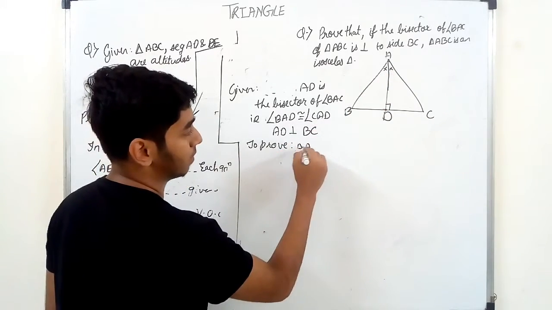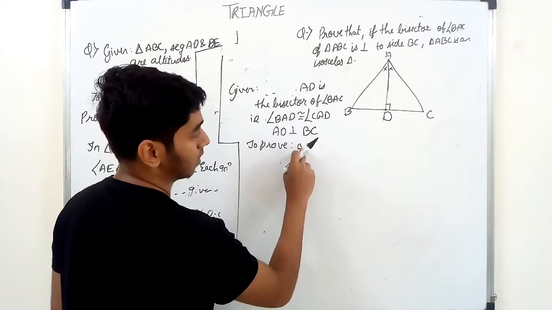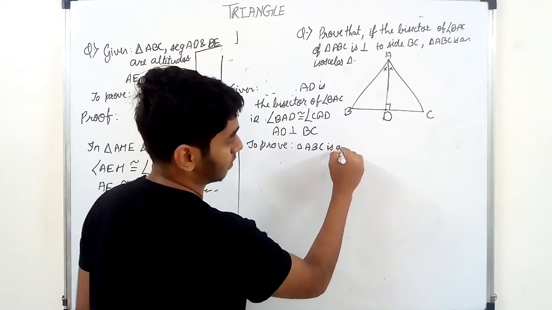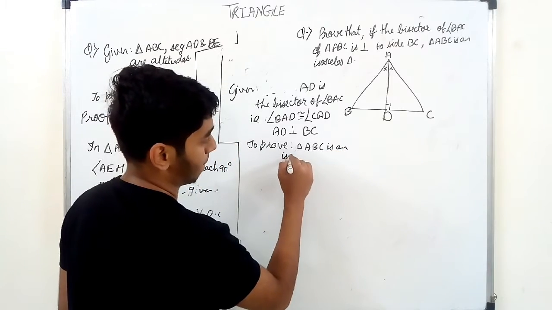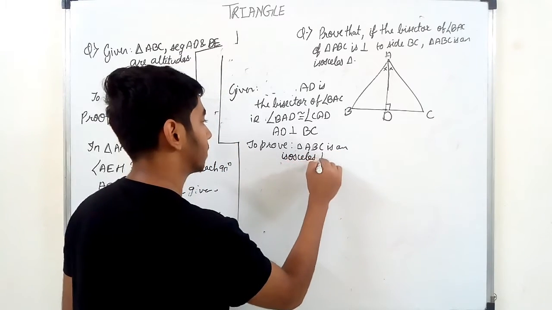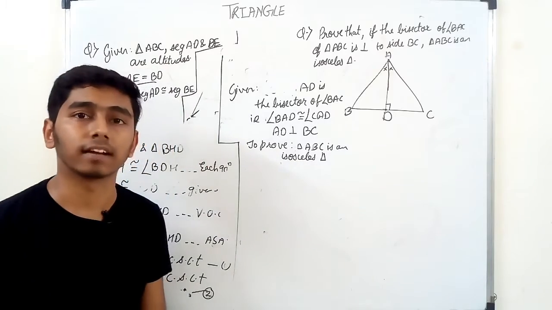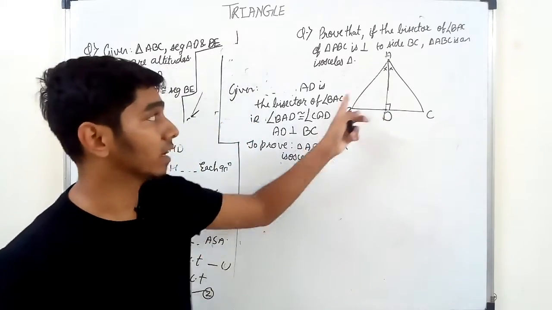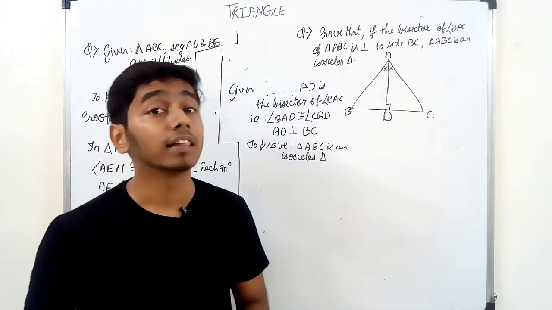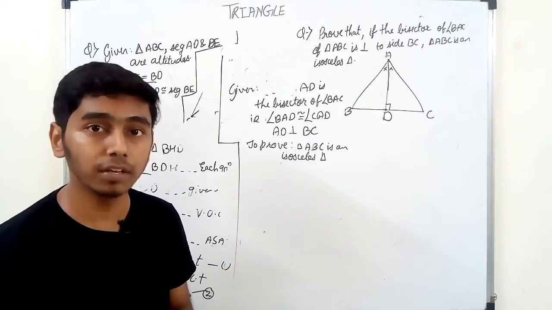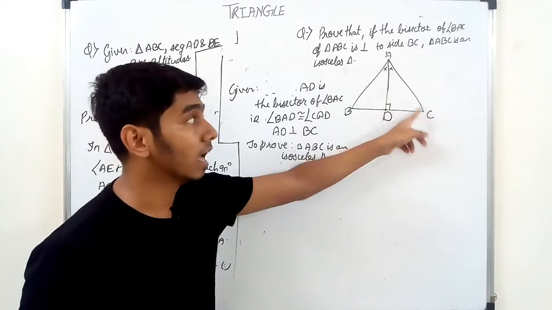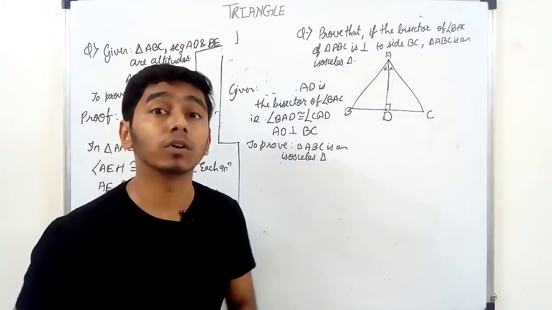So triangle ABC is an isosceles triangle. Now we have to prove that ABC is an isosceles triangle. That means what are we supposed to prove actually? We have to prove that angle ABC and angle ACB should be congruent.